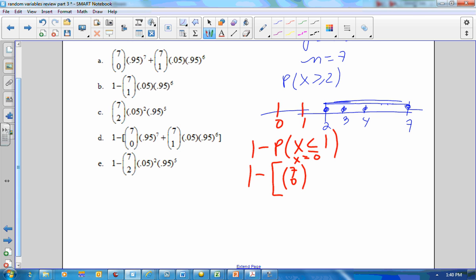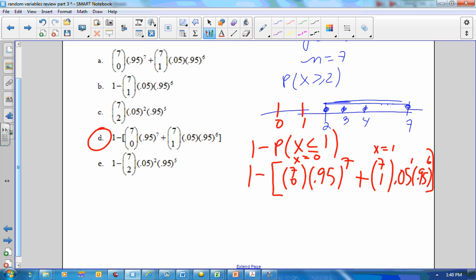I have no successes, so the probability of failure would be 0.95 to the 7th. And then the probability that x equals 1 would be 7 choose 1 times success to the 1 and failure 0.95 to the 7 minus 1 or 6. And it looks like that is answer D. Okay?